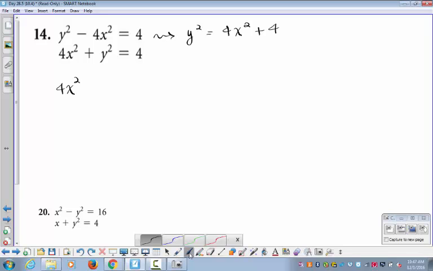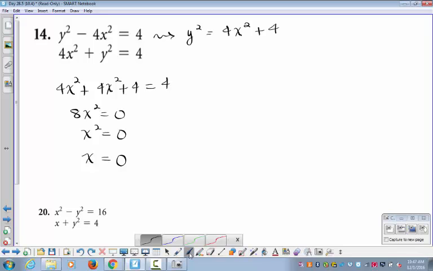And we have 4x squared plus 4x squared plus 4 equals 4. 8x squared equals 0. That tells us that x squared is equal to 0. That tells us that x is equal to 0.